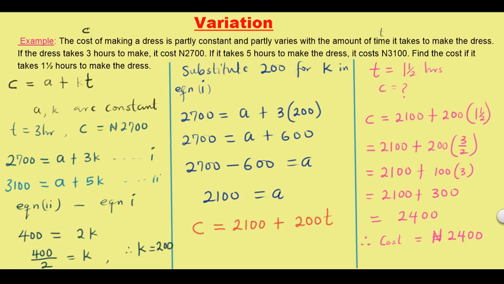And we have joint variation, which tells us that one variable can vary directly as the product of 2 or more variables. And we have partial variation that tells us that a particular variable can be partly constant and partly varies with another variable.